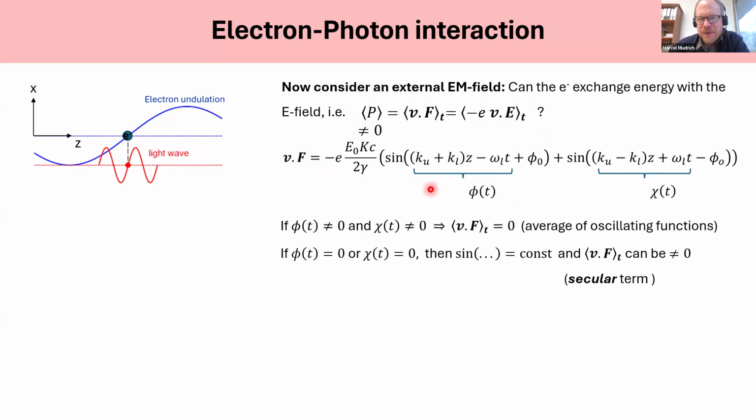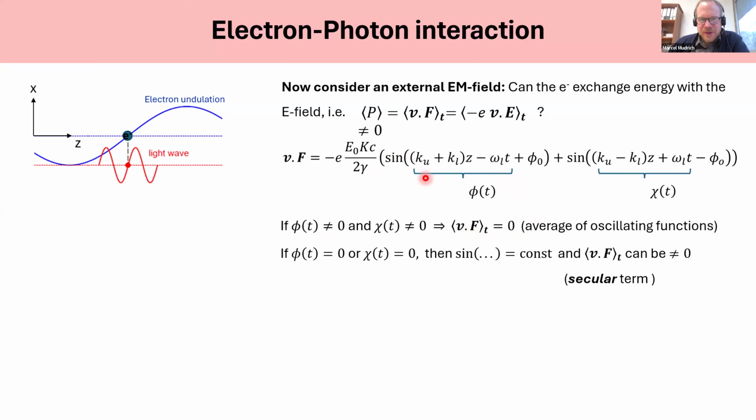We found these two terms where one of the two terms needed to be zero, such that taking the time average of this sinusoidal function results in a non-zero time average.